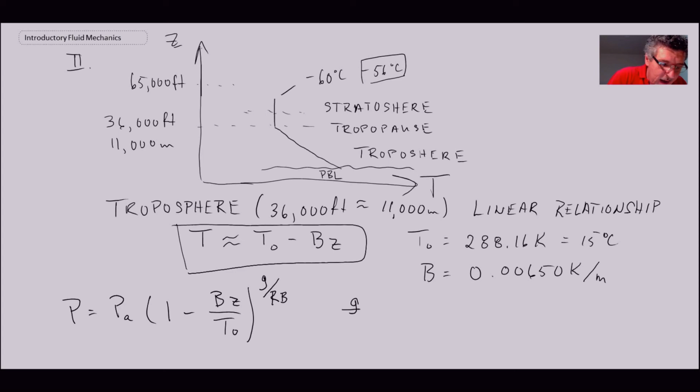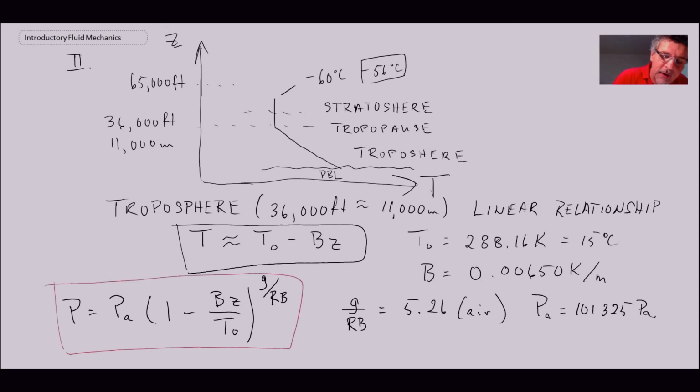For atmospheric air, that ratio G over RB is 5.26, and PA typically is 101.325 kilopascals. This is the relationship you would use for the pressure in the troposphere as you go up, and it applies up to about 11,000 meters or 36,000 feet.